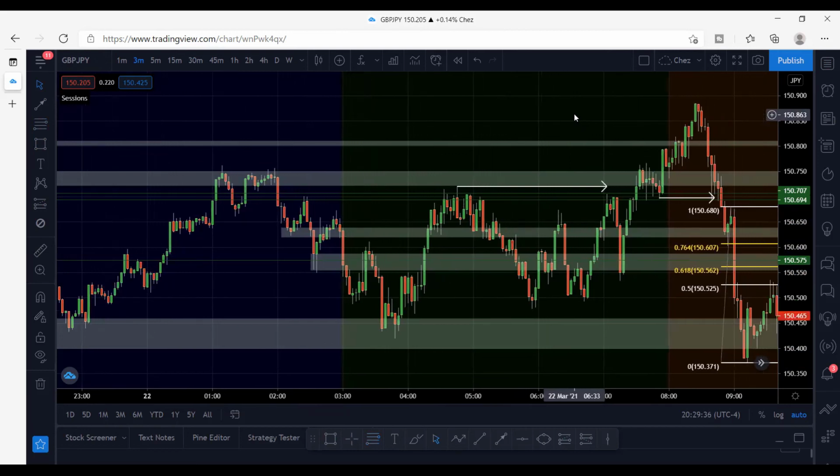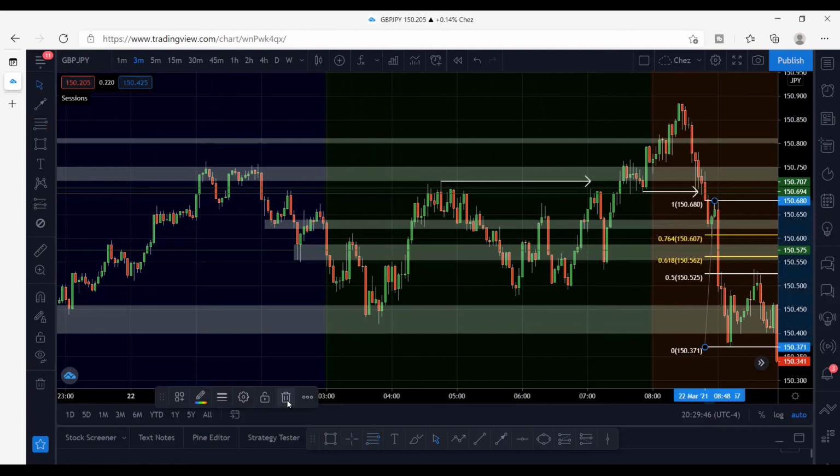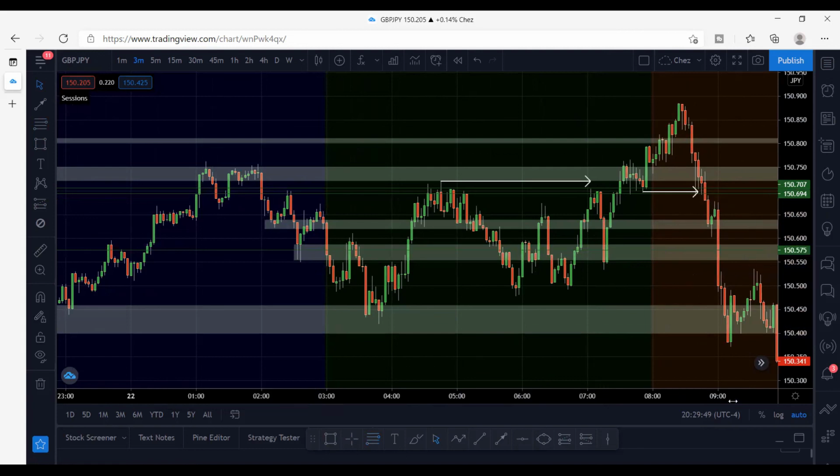See if we can get some kind of continuation. Okay, that is a breaker structure right there again. So delete. And let's just wait and see. And keep in mind, it's after 9, but we're just back testing.